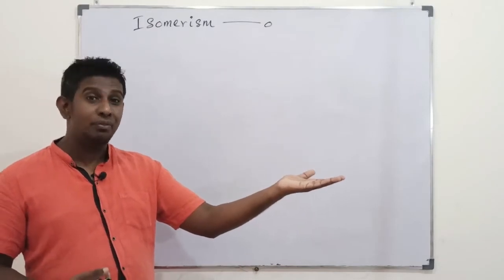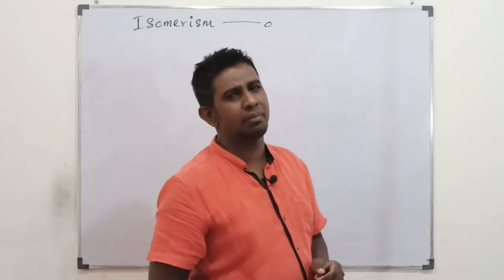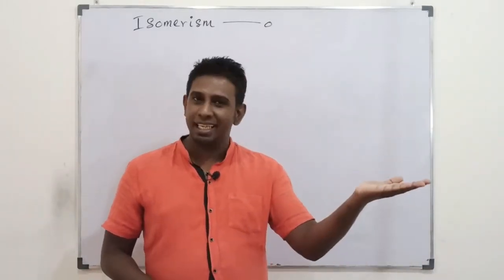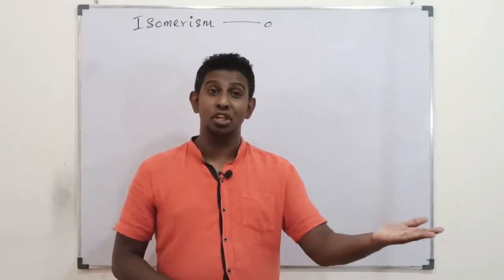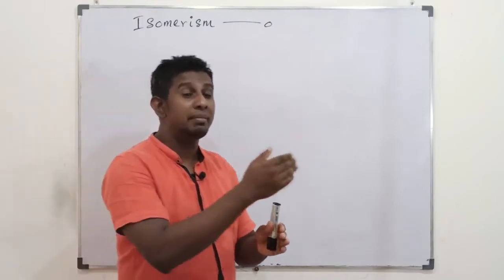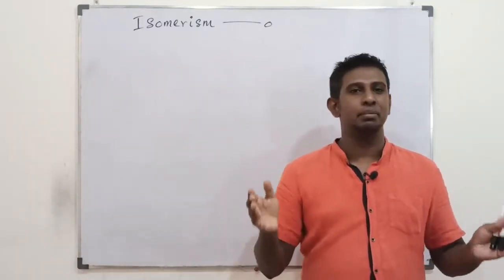You could further categorize them into two types: optical isomerism and geometrical isomerism. Students, we are going to find out what optical and geometrical isomerism are soon.